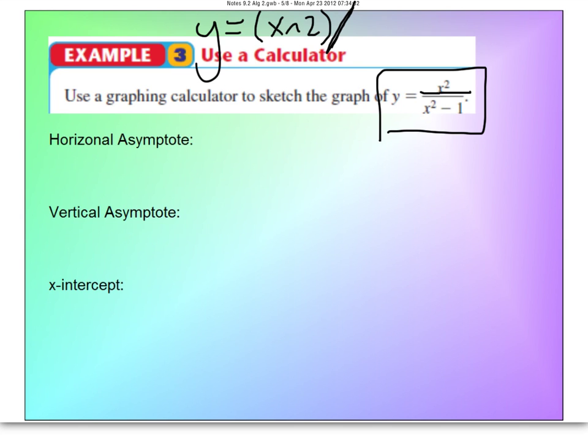Then in parentheses, I'm going to do x caret 2 minus 1 and close it out. I always recommend when you type it into the graphing calculator to put the top value in parentheses and the bottom in parentheses so you don't make a mistake. After you're done with that, hit the graph button and you should get the following graph.